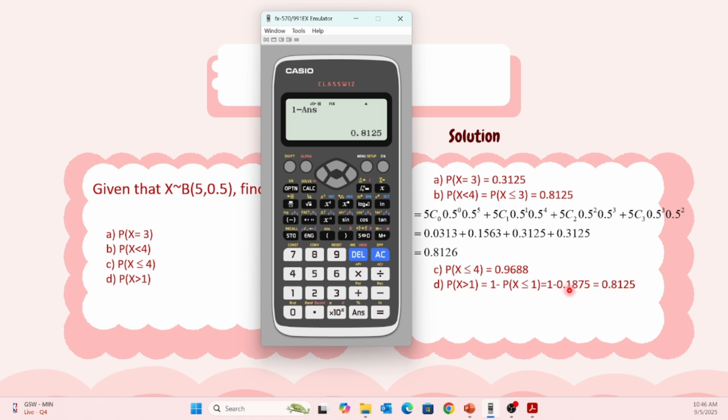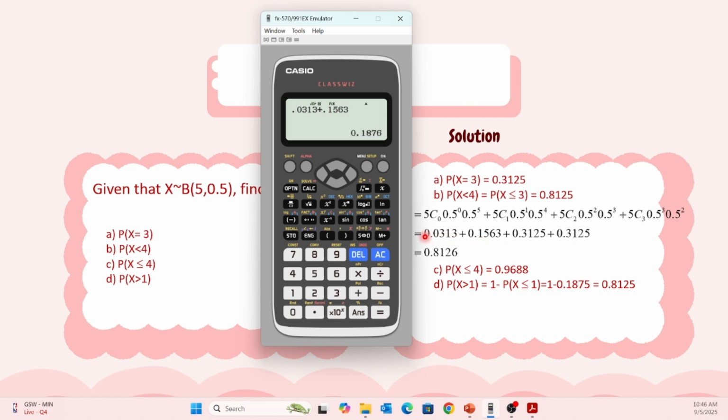Here, 0.1875 is equal to the probability of x equals 0 plus x equals 1. We can add up to see: 0.0313 plus 0.1563.